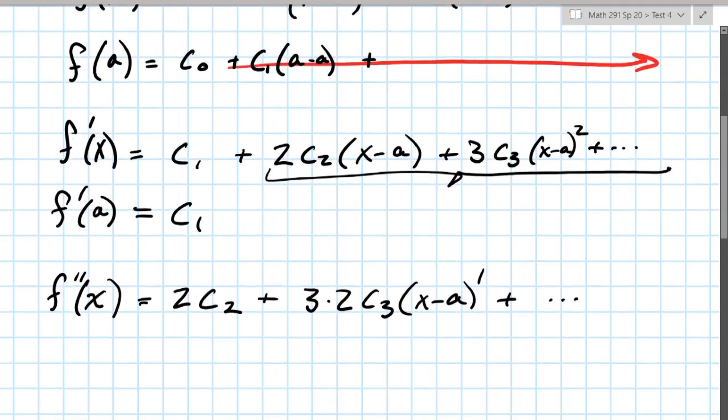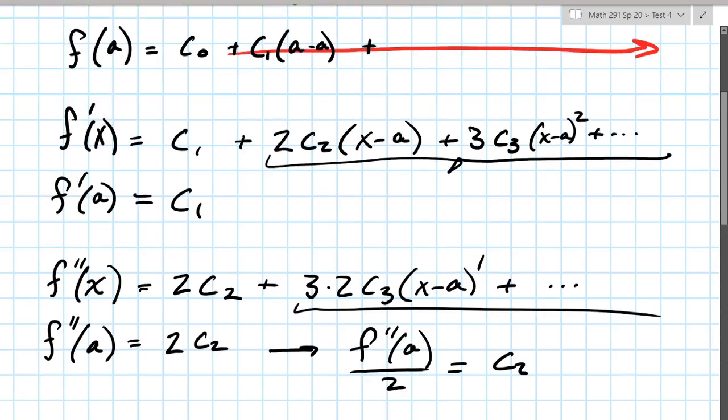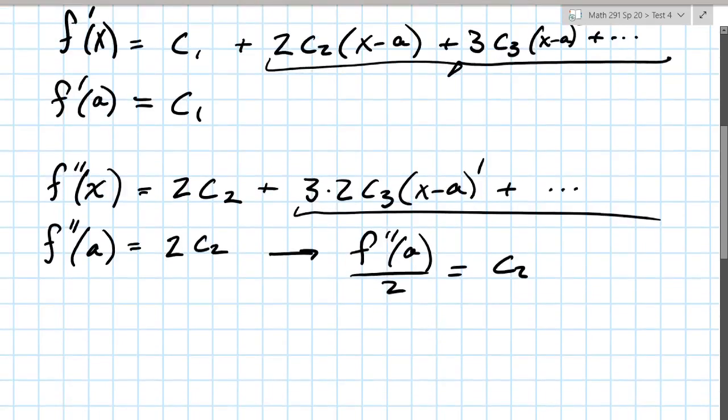You get the idea. So now if I want to find the coefficient for c2, we can evaluate this at a to have all of those go to 0, and we have 2 c2. Well, what I want is to know what c2 is, so we have f double prime of a divided by 2 is equal to c2.